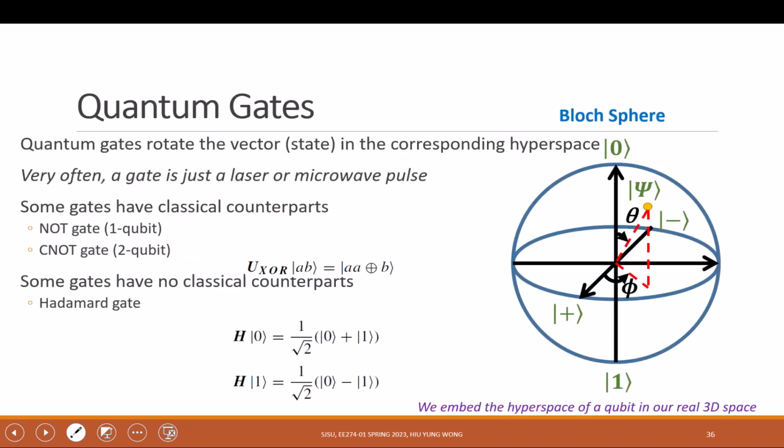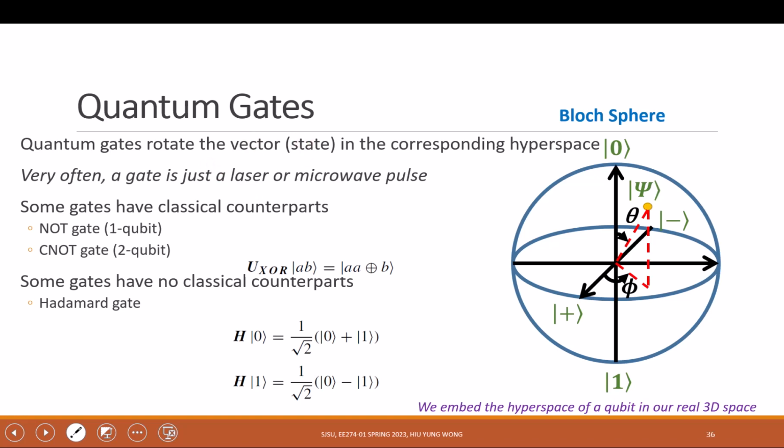So we talk about this basic thing, and then what is a quantum gate? We can say that the quantum gate is to rotate the state in its hyperspace. A state is just a vector.